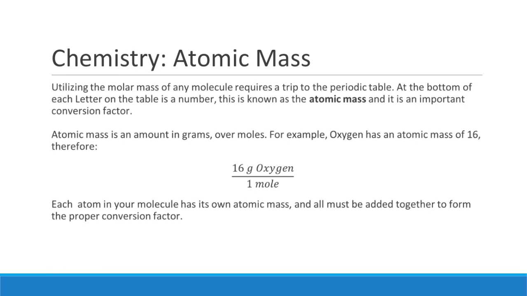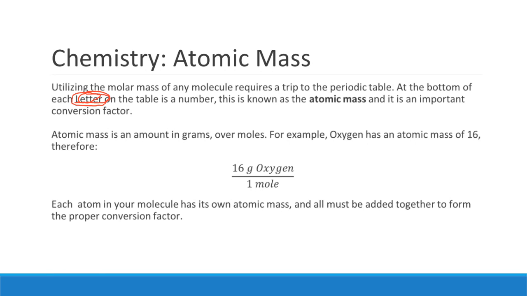But getting into atomic mass, that's really the key: remembering that for every element on the periodic table, at the bottom of each element's name is a number right below it, and that is known as the atomic mass.